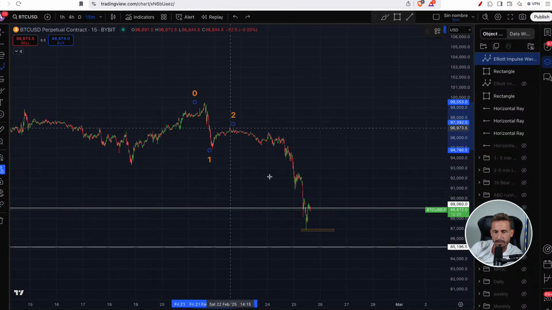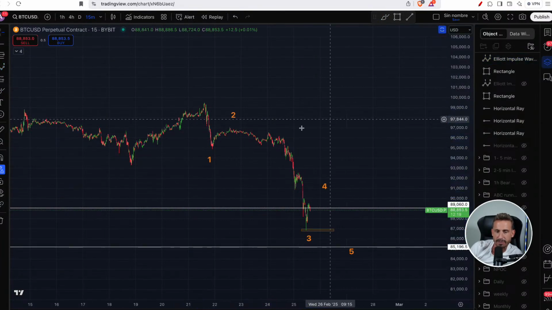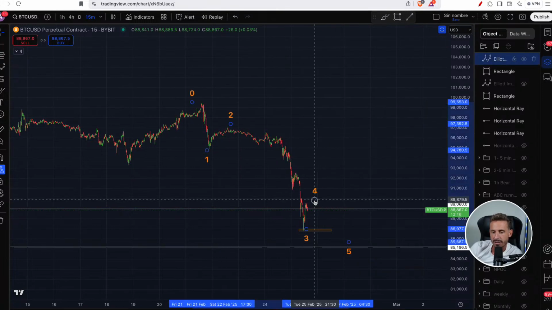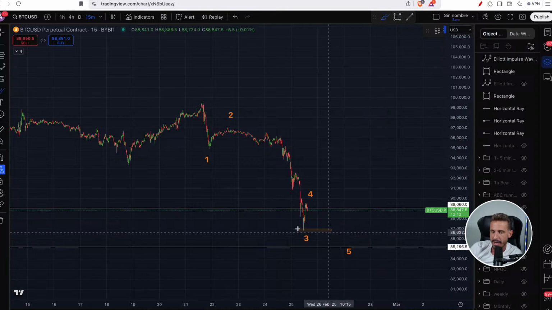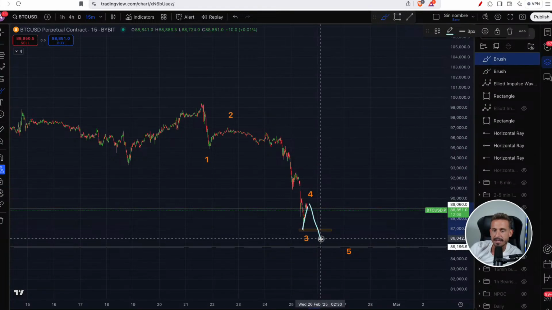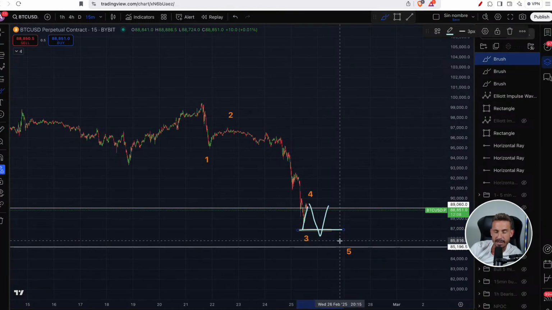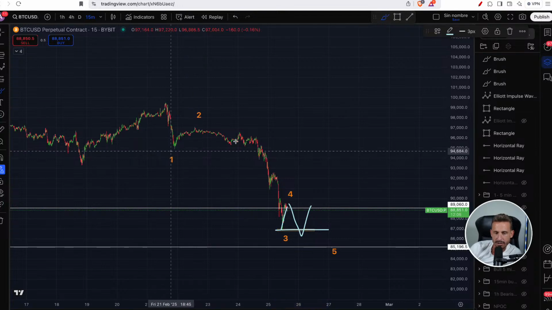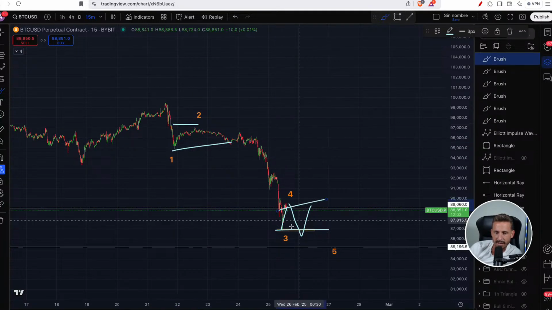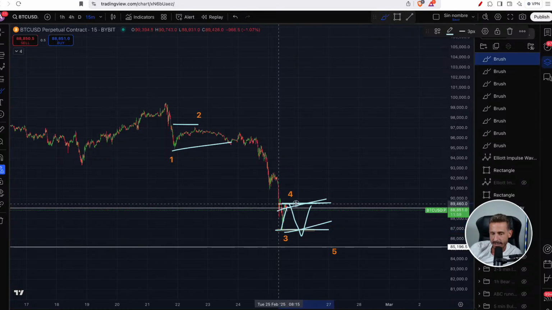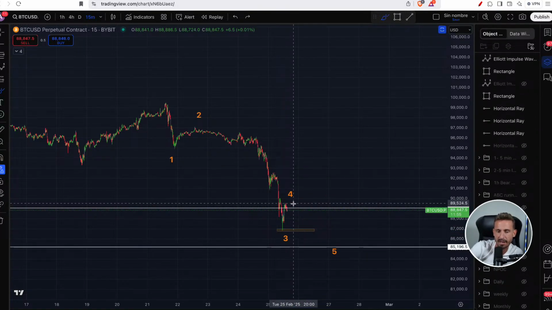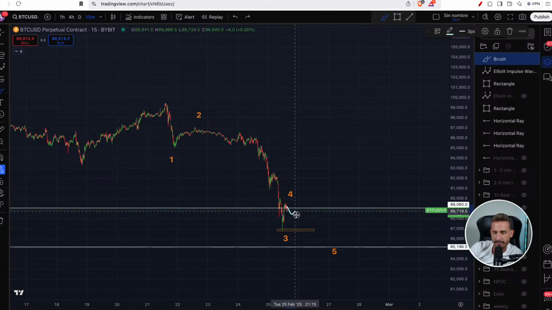Wave 4s need to be similar in length to your wave 2s or even longer. So moving down from here to claim the lows would mean one thing: you could be forming a flat. This is why a double bottom is definitely considered right now, just to have a nice timing wave 4. Okay, so a double bottom to the highs that we've just formed is definitely a scenario. If we form a higher low, the zigzag is going to be looking very interesting.